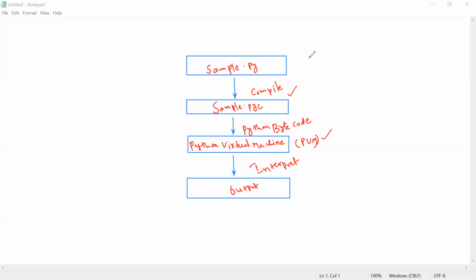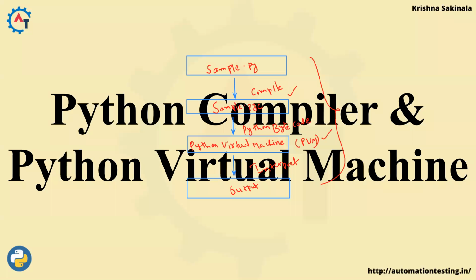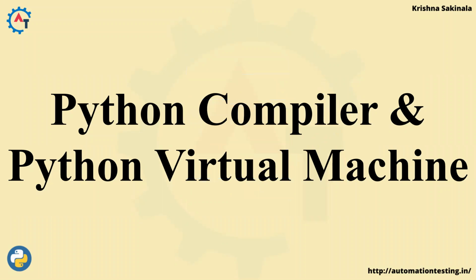This is how your program will execute. Internally many things happen, but at a high level, this is what the Python compiler and the Python virtual machine do. This much is enough at a high level. I'll clear this one.